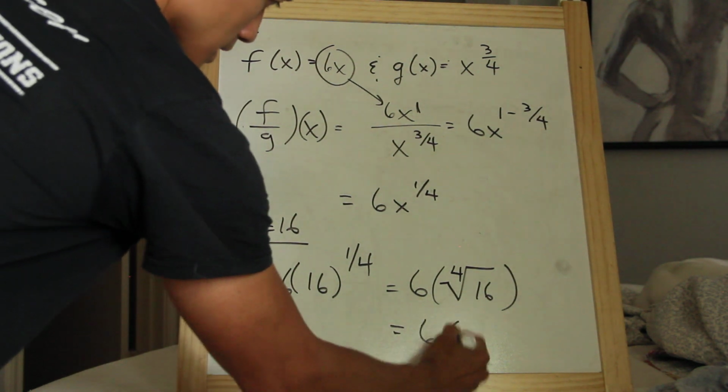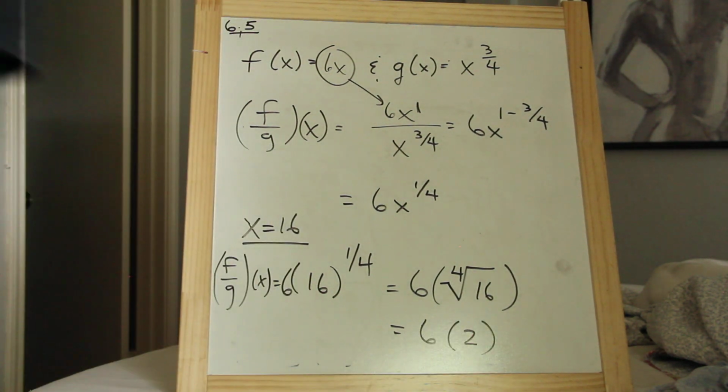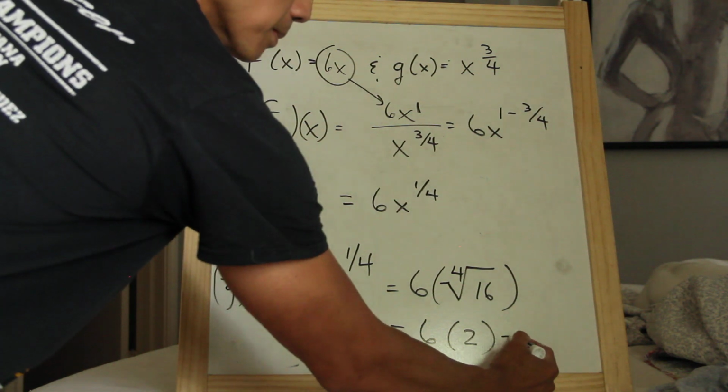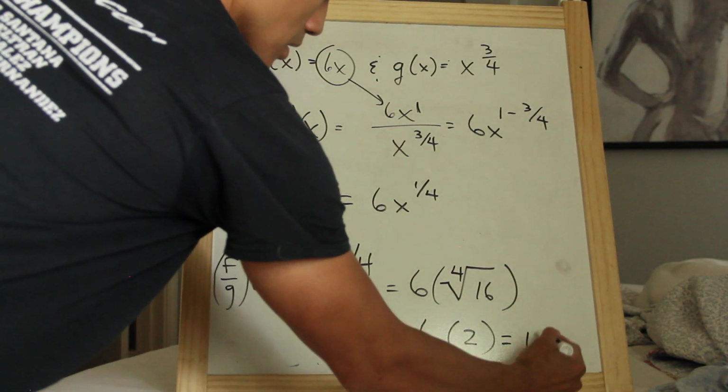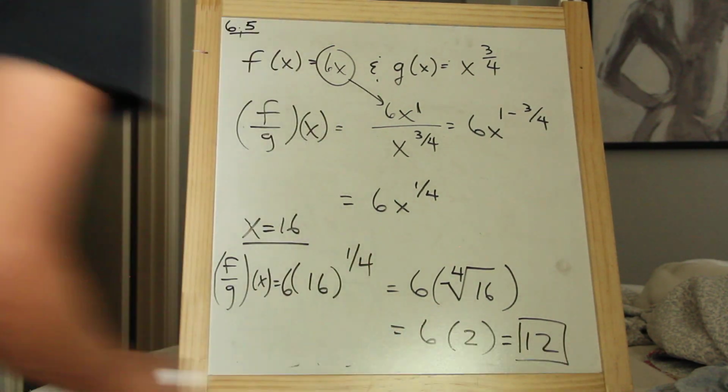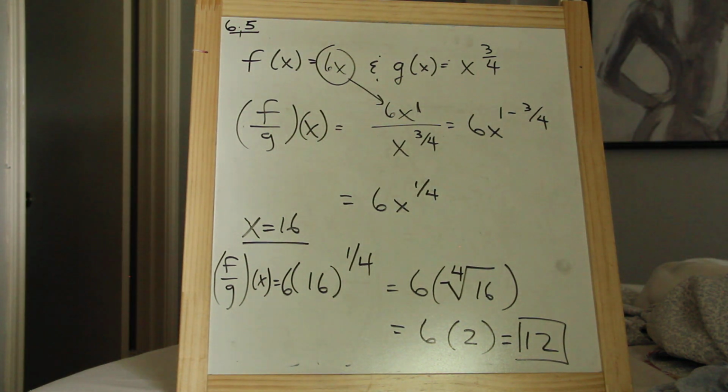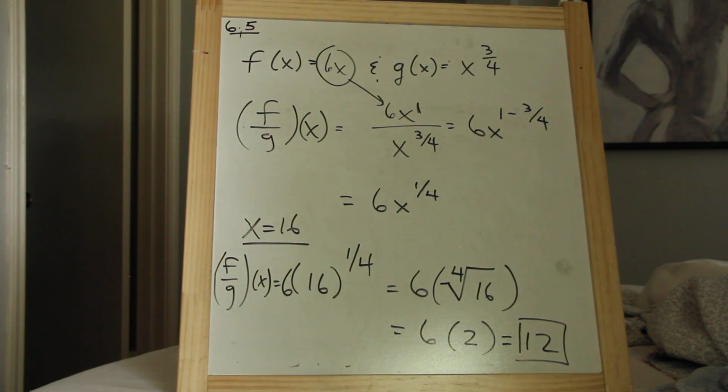So 6 times 2 gives me 12, and that's my answer there. So hopefully that helps you out with 6.5. The video will be up for 7.2 later on today, but that should be a little bit simpler to work with. And I gave you the natural number e, and I gave you Desmos as a way to graph your functions and see how they relate to the answer. Okay, so hopefully this helps you out.